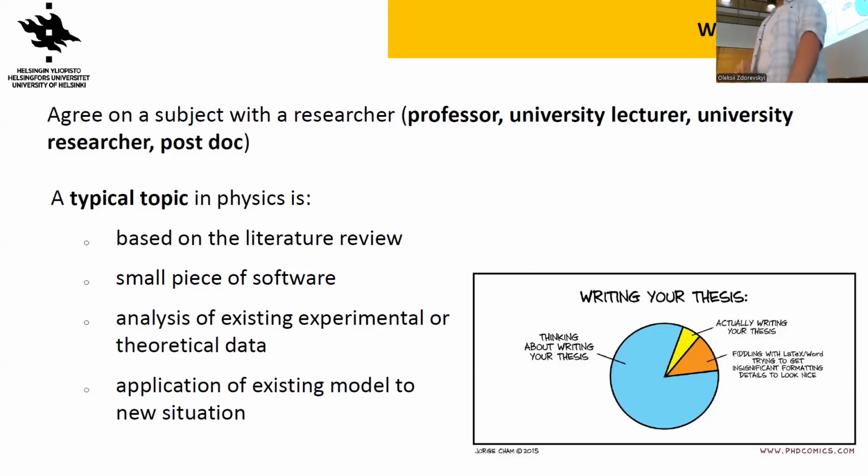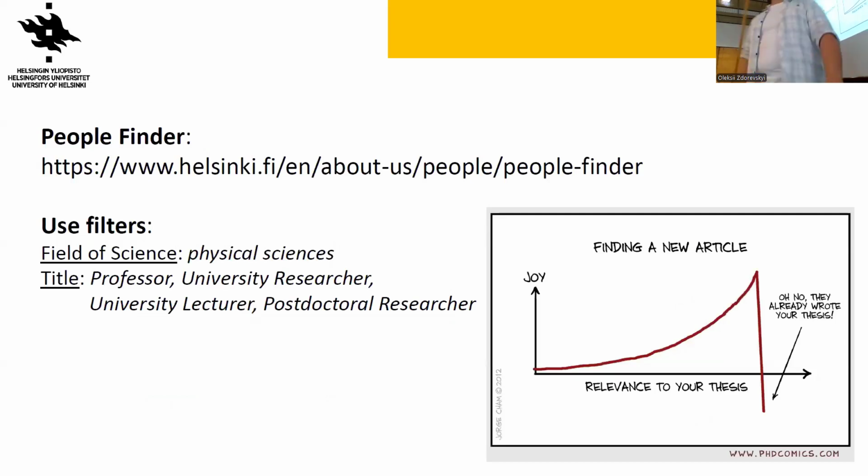Now, how do you find those people which I listed? You can go to the People Finder, which is available at the website of the University of Helsinki. And there are plenty of filters.